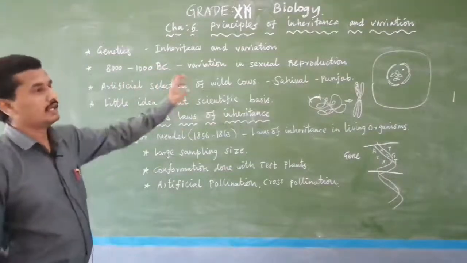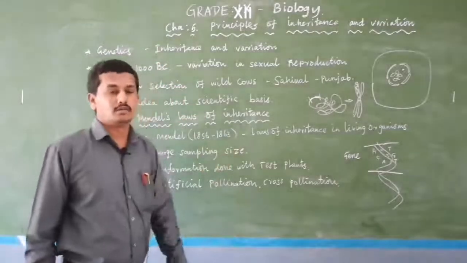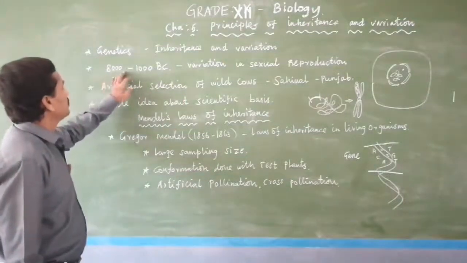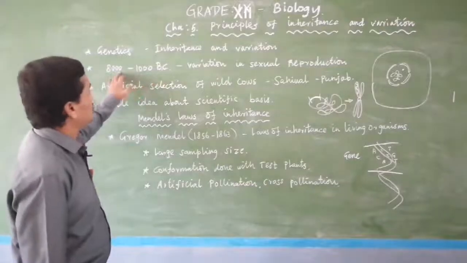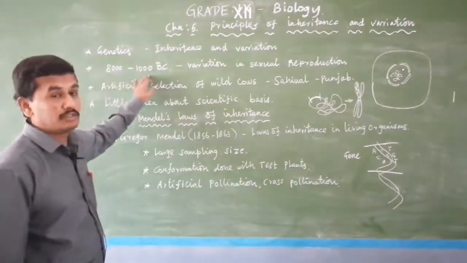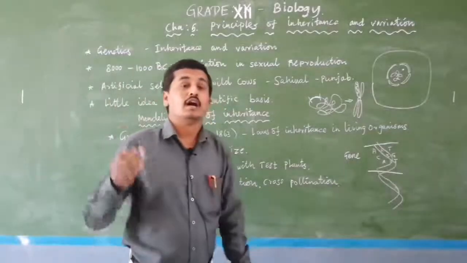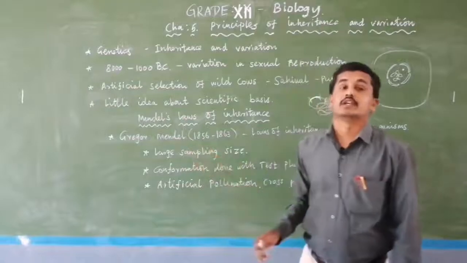The scientific basis of variation was not known to previous humans, but they knew that variation occurs due to sexual reproduction. This was already known to the humans of olden days, 8000 to 1000 BC, before Christ. In that period itself, humans knew that variation occurs in sexual reproduction.